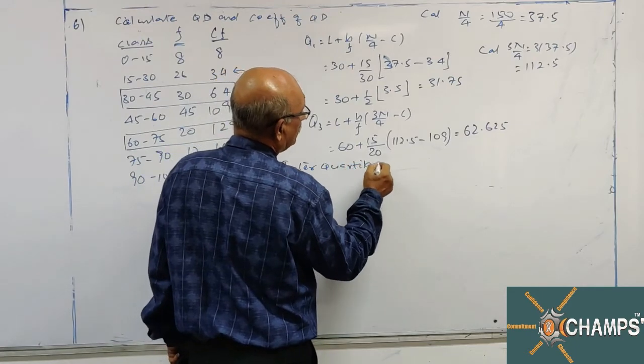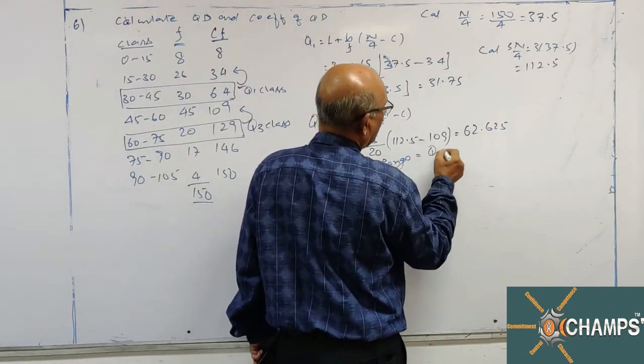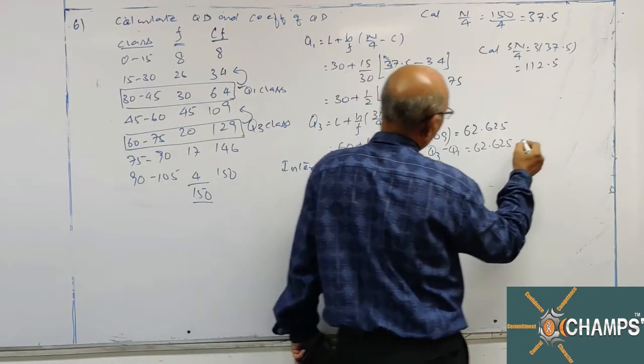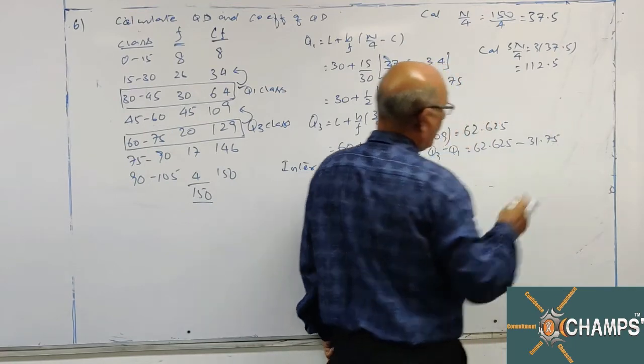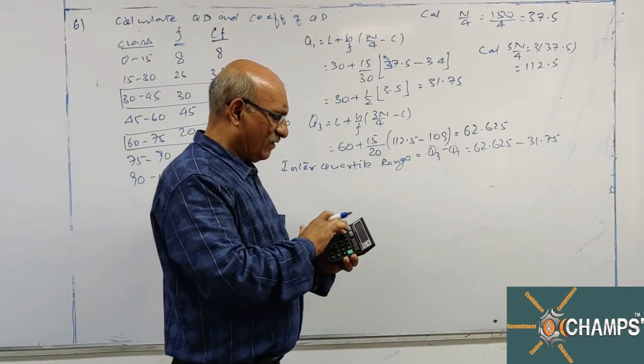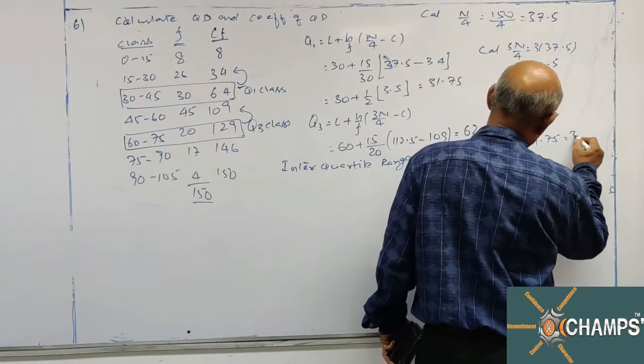Now look at this. Interquartile range is equal to Q3 minus Q1. 62.625 minus 31.75 is 30.875.